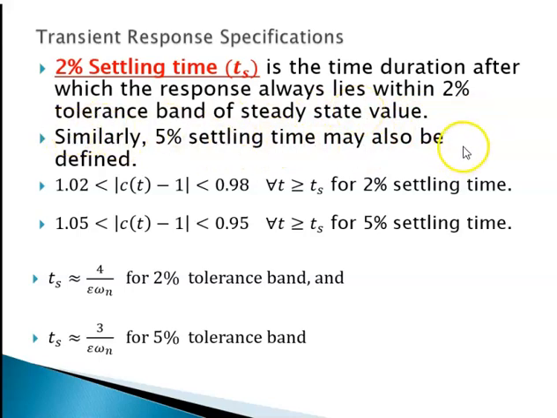Similarly, 5% can also be defined. So this gives the condition for 2% settling time. This gives the condition for 5% settling time. I leave it for you to derive. 2% settling time is approximately 4 over xi omega n. 5% settling time is 3 over xi omega n.